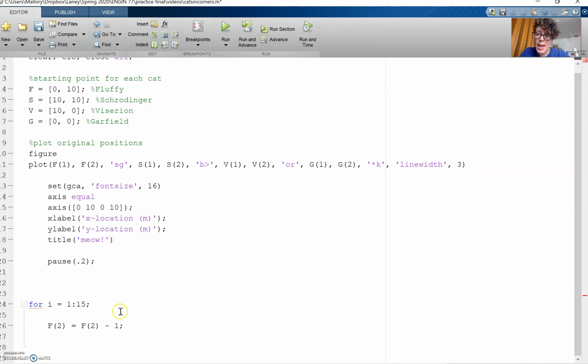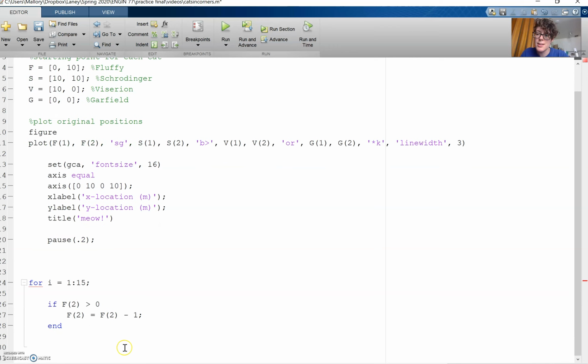And here maybe we have an if statement that says if F2 is greater than 0, so if we're not at the origin with Garfield, then we should do that. Else, don't do anything, so I guess we don't need an else statement, so let's do end.